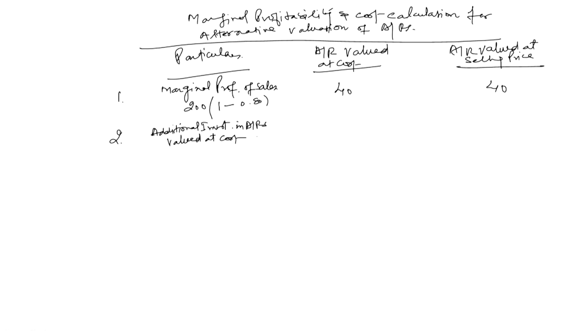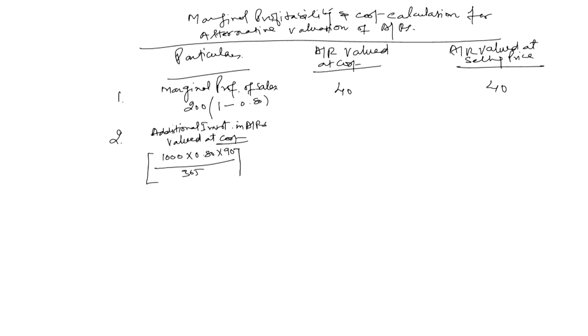So how much is going to be the additional investment? What is going to be the new level of sales? That is going to be 1000 crores. And what is it valued at? We are valuing it at cost. So what is the cost? That is 80% only. And then the investment will be, what is the credit period? Credit period will be going up to 90 days, divided by 365, right?